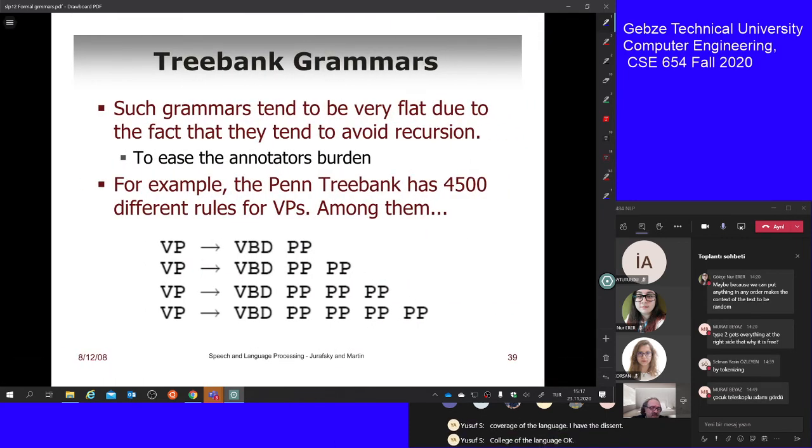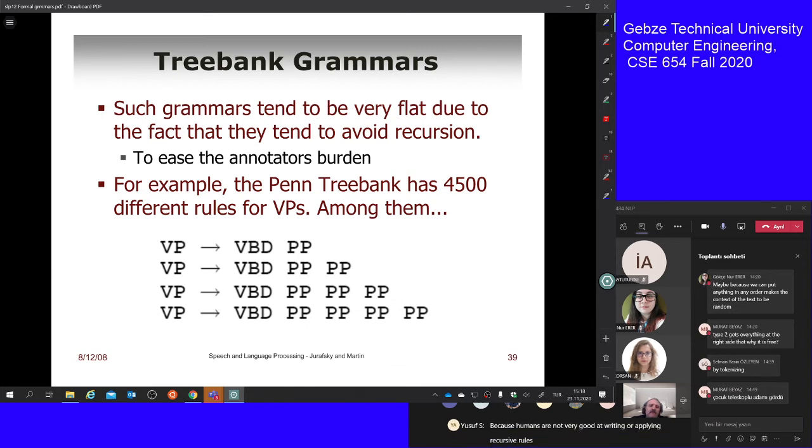Well, for simplicity and elegance, we like to express our rules using recursive mechanisms, but for the tree banks, usually they don't prefer this because humans are not very good at writing or applying recursive rules.